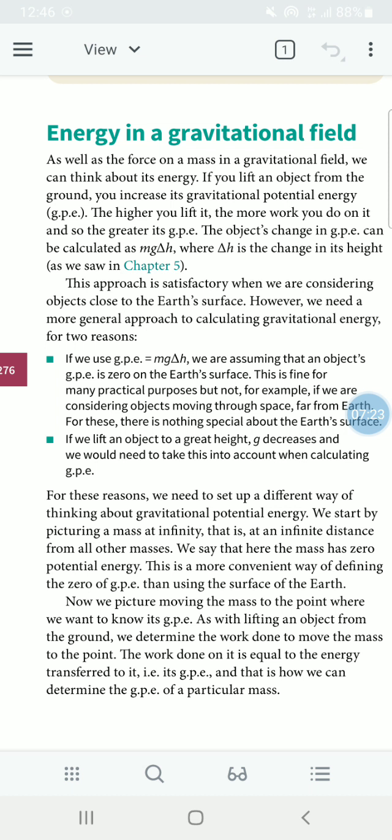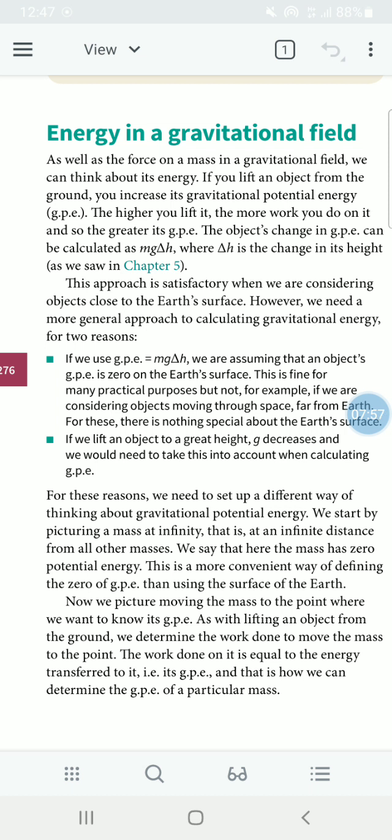To make our calculations easy, we consider a mass placed at an infinite distance away from the surface of the Earth, or whatever other object we are measuring it in relation to, as the point where gravitational potential energy is 0.